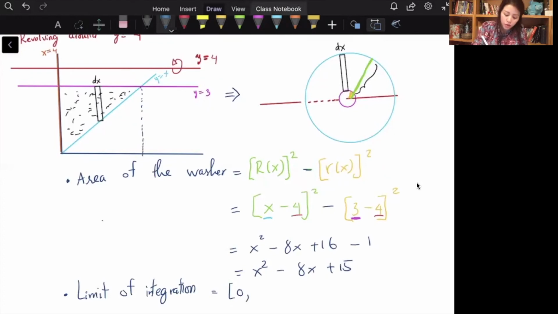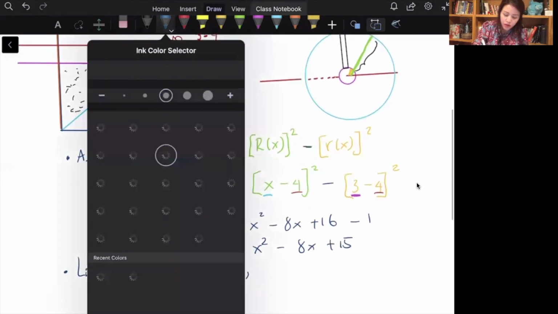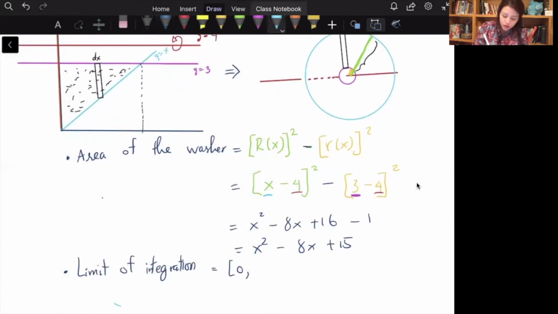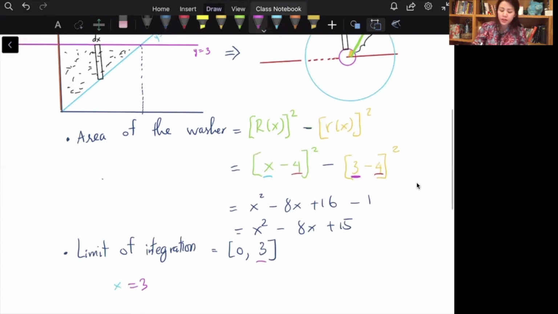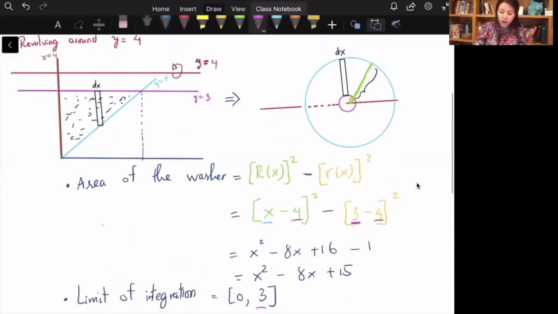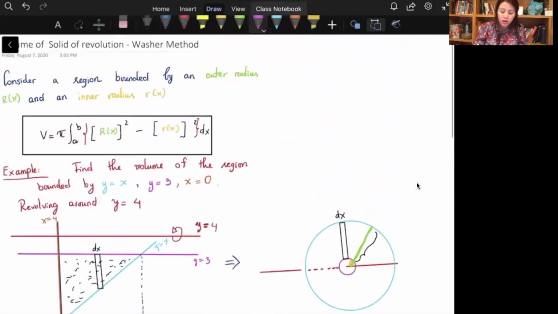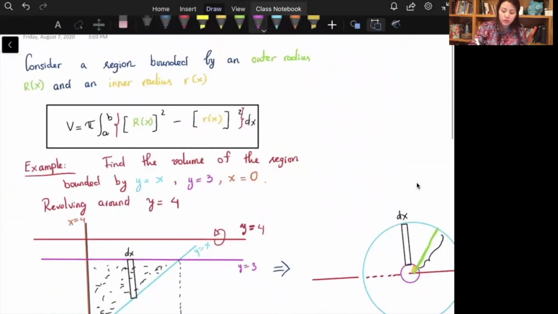So if you set those two equal to each other, x equals 3. So my upper limit will be 3. Okay, so we have the area, we have the limits of integration. All you gotta do is just plug in this formula right here.